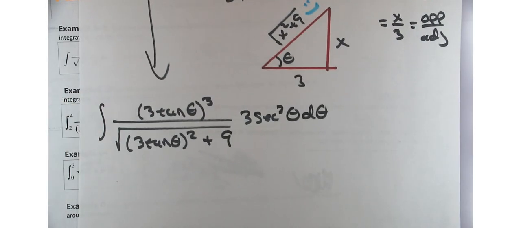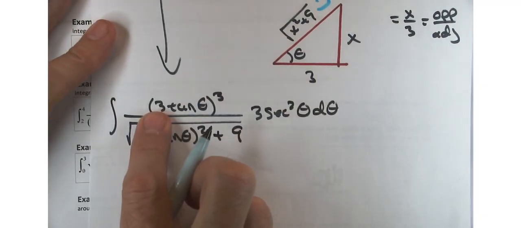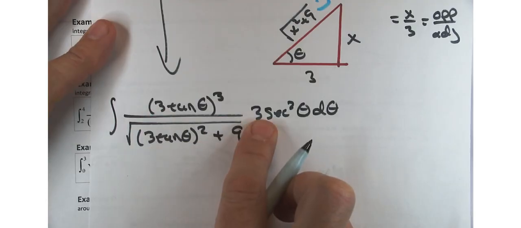All right, so a lot of your trig substitutions coming your way still. But all I've done so far is just make the substitutions that were kind of recommended to us by the form of the problem. Now when I cube this out, 3 cubed is 27, times 3 again is 81.